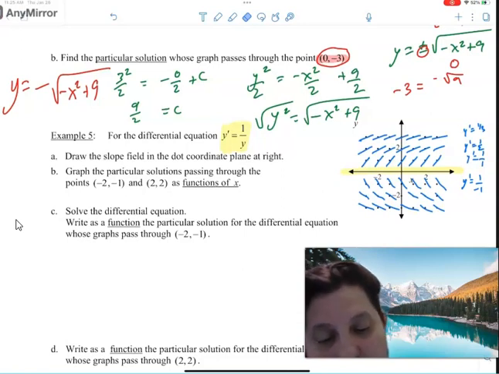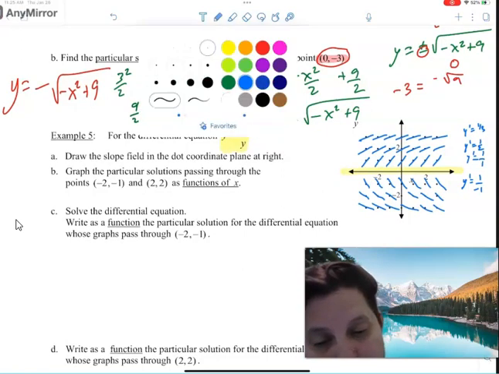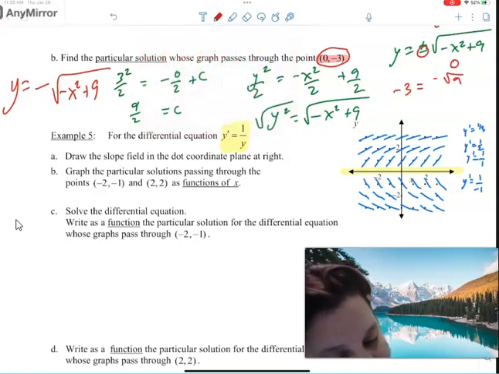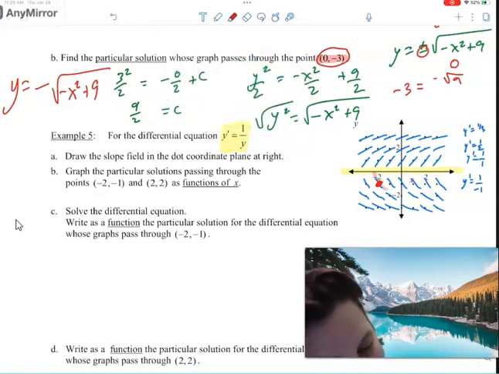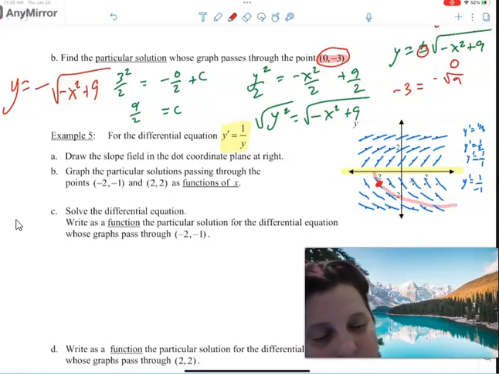Draw the slope field. Okay, I did that. Graph the particular solutions passing through the points. -2, -1. That's right here. So when I draw that, it's going to be like this. Kind of, sort of. Okay.